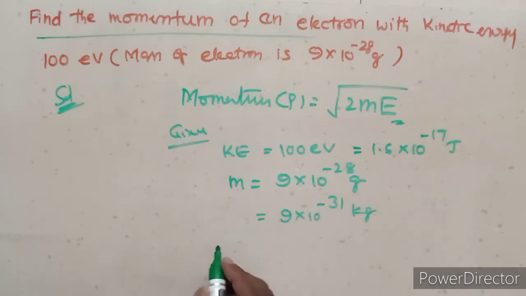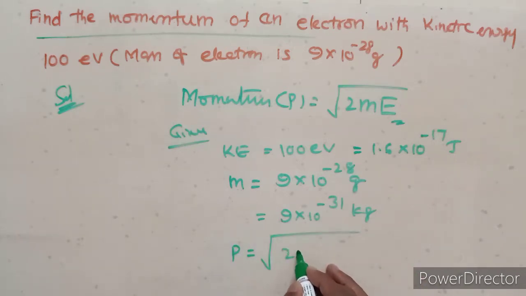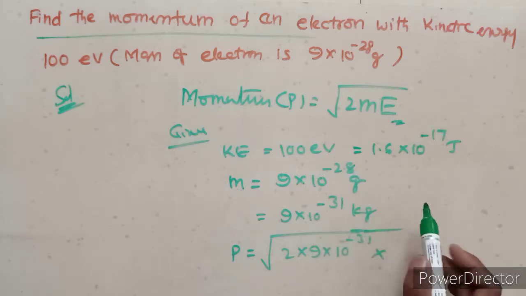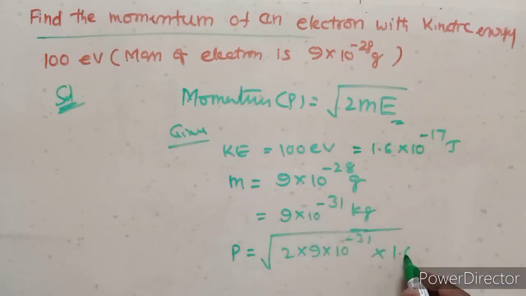So the momentum P equals under root 2 m E, that is 9 into 10 to the power of minus 31 into kinetic energy, 1.6 into 10 to the power of minus 17.